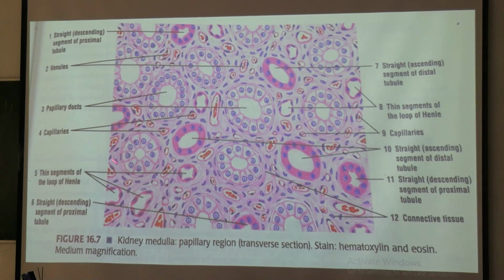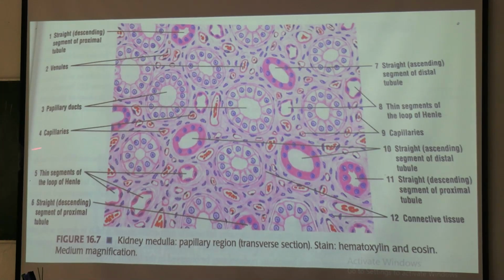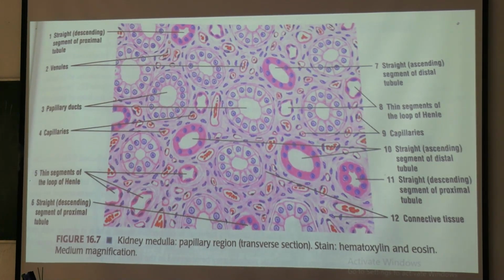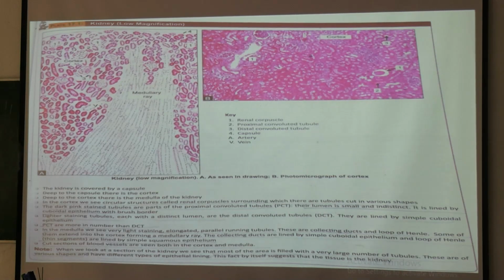There are some connective tissue and sections of capillaries. All these you will see in the sections of the medulla of the kidney. So mainly sections of loop of Henle and sections of collecting ducts.